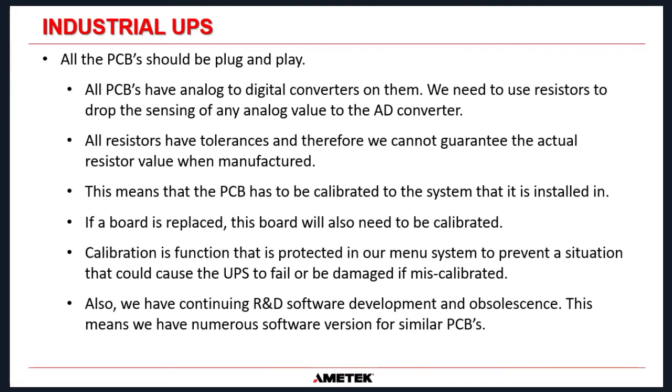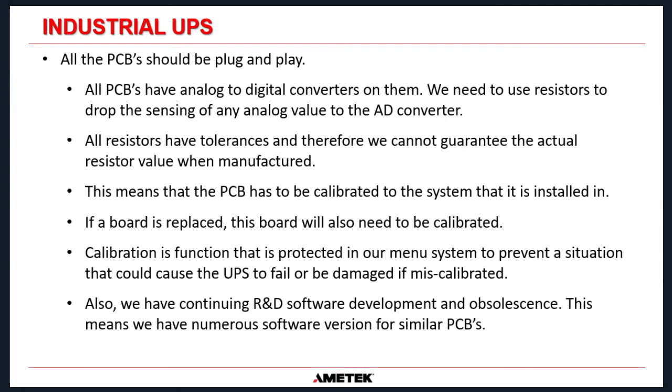Now that's going to affect the current limits of the system. It's going to think that 100 amps actual current flowing is 10 amps, and therefore the current limit isn't going to go into operation. So it's only going to start to go into current limit when it thinks it has 100 amps, which in truth would be 1000 amps, and everything is going to be blown to bits inside the UPS.